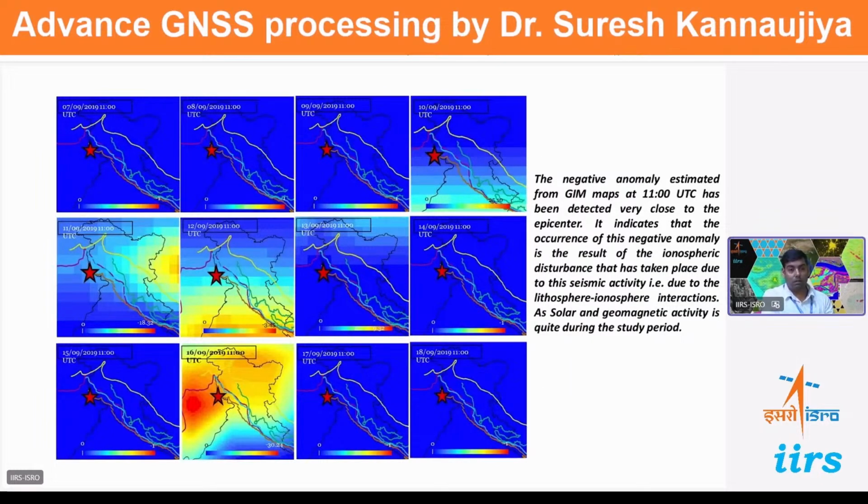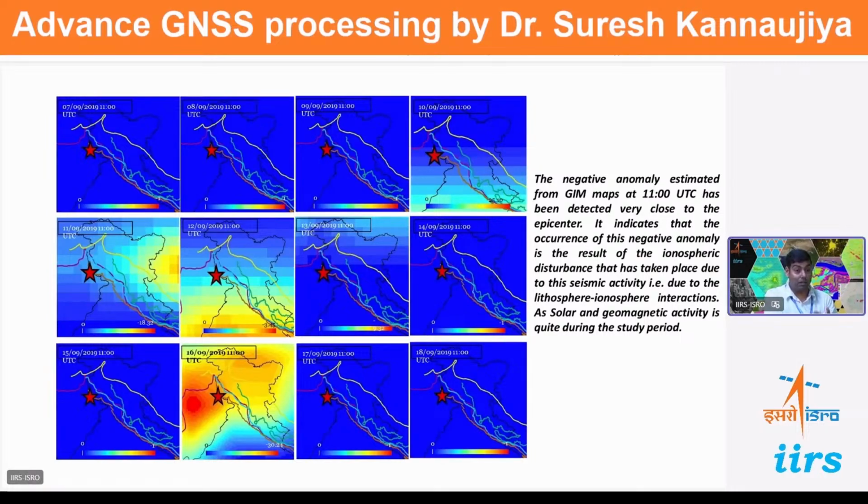This is the spatial calculation of the TEC through the global data. It is also called GIM data, Global Ionospheric Map data. And here also you can see that this data has detected the anomaly before the occurrence of this earthquake, because the anomaly was detected on 16th September, and the earthquake occurred on 24th September.